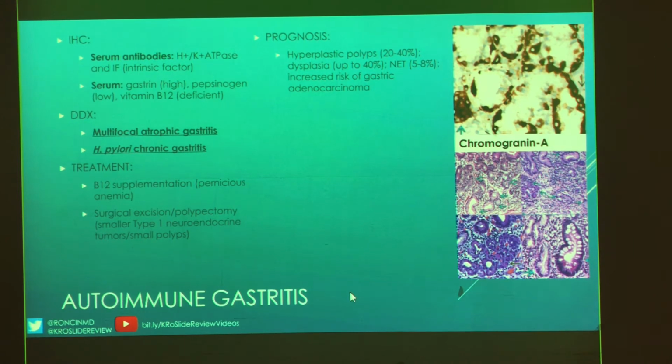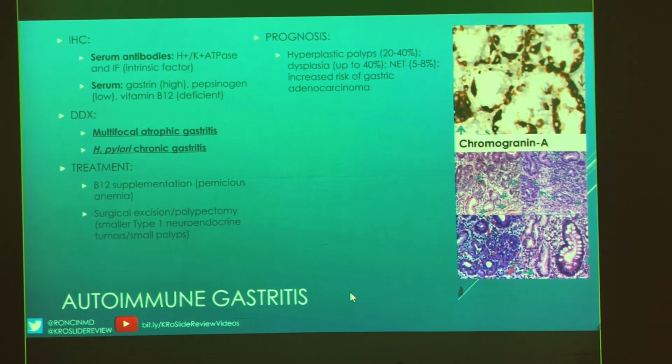If you weren't sure, you could throw those stains on and they should be negative. Treatment for this, they tend to just give B12 supplementation if they have very low B12 or pernicious anemia. If they have polyps, they can surgically excise them or do a polypectomy, and that's typically for the smaller low-grade neuroendocrine tumors.